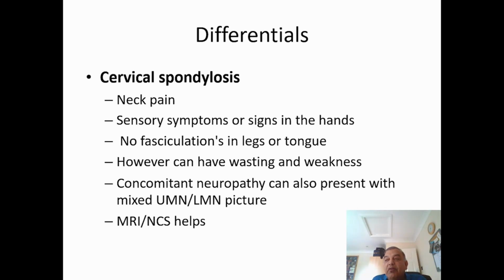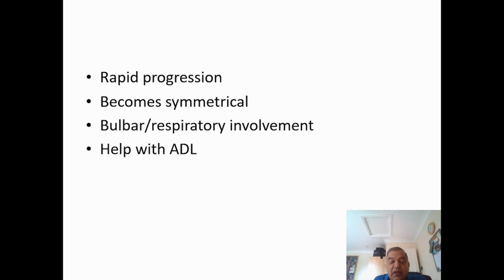If the spinal cord is involved with a root involvement, then they can have brisk reflexes and upgoing plantars and localized wasting, but it will be in the distribution of the nerve root affected. A nerve conduction study and MRI would help to clarify the picture.